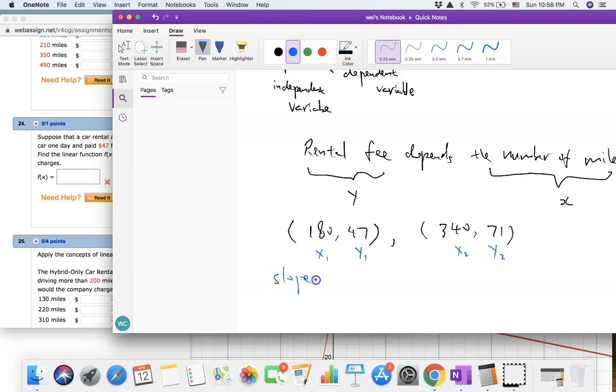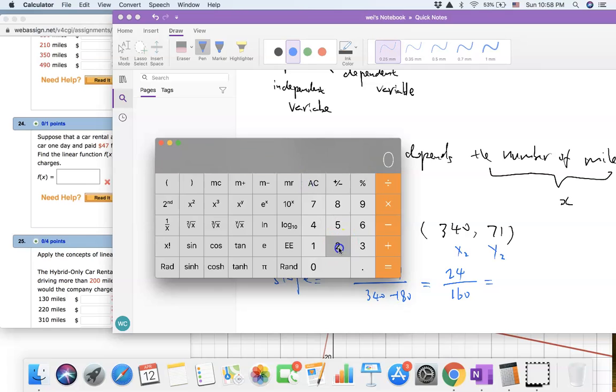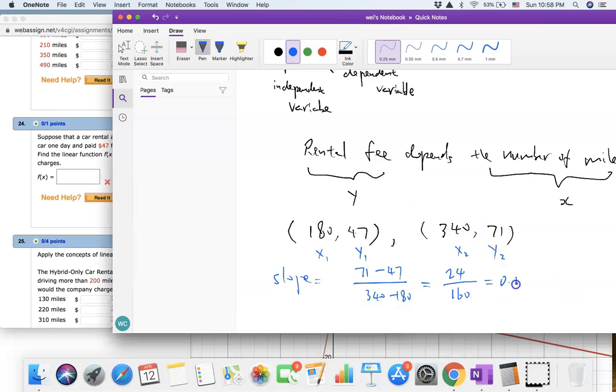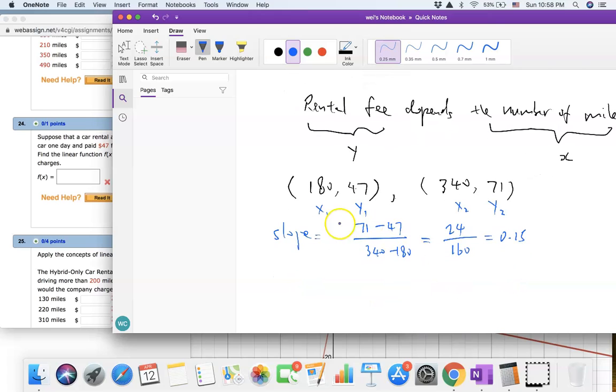So the slope is 71 minus 47 over 340 minus 180. 71 minus 47 is 24, and 340 minus 180 is 160. So that is 24 over 160. Okay, so 0.15.